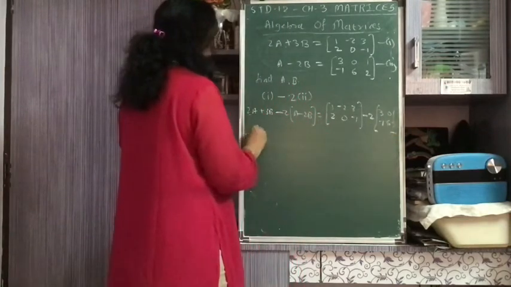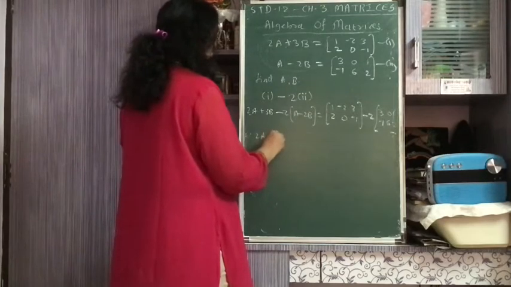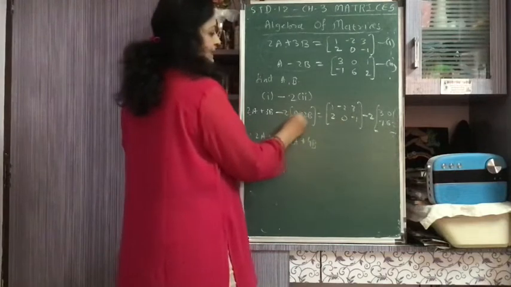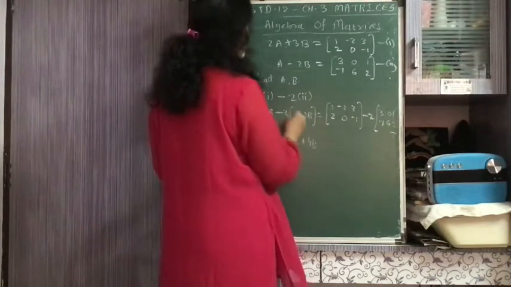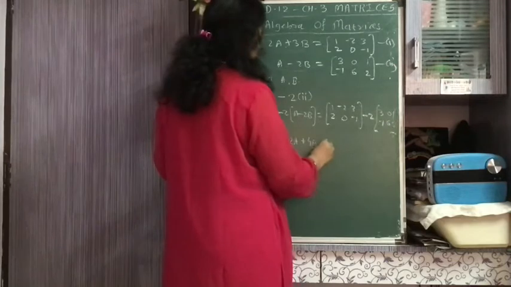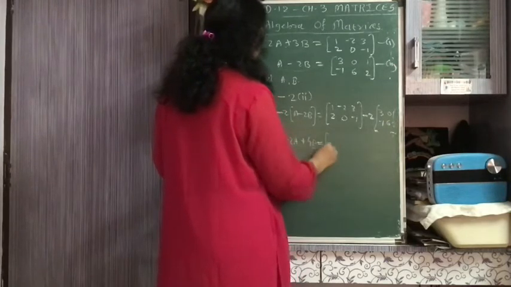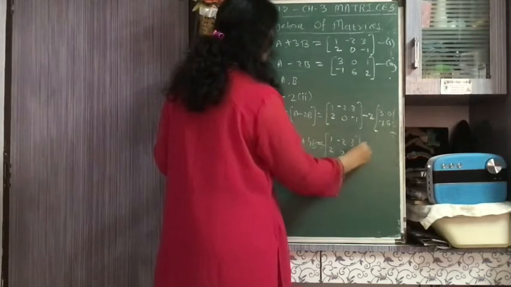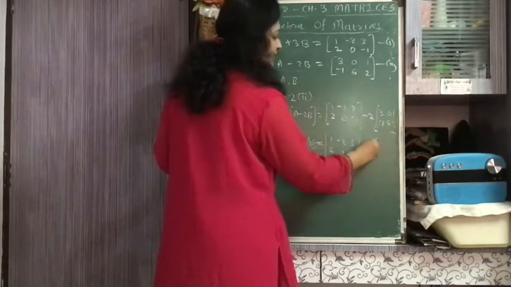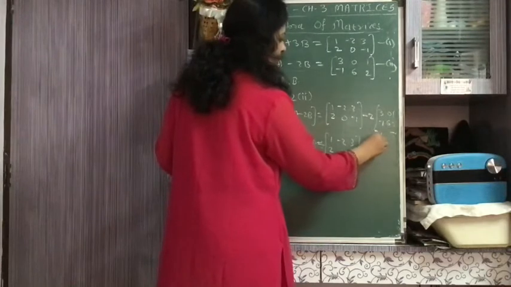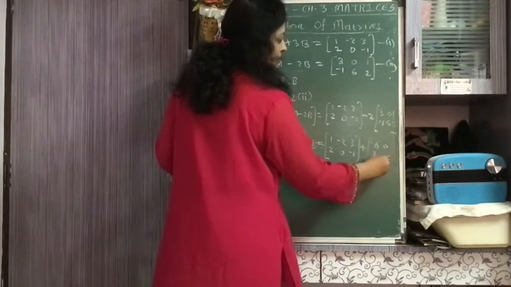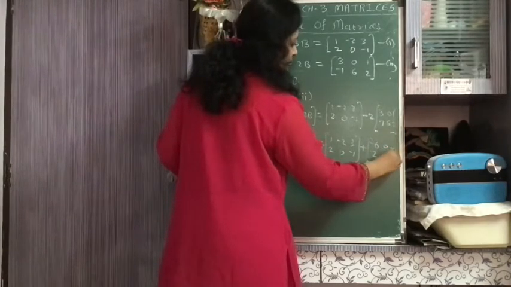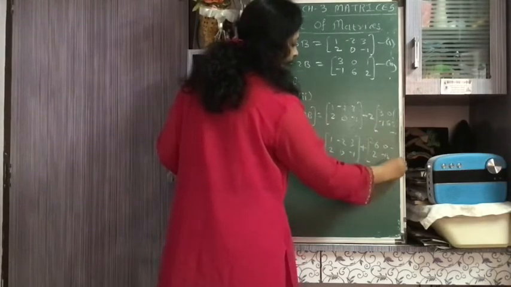So what I'll get is this 2 is multiplied with A as well as B, and as it is minus sign, it is minus 2A plus 4B is equal to, now I multiply minus 2 to each of this element. So minus 6, 2, 0, minus 12, minus 2 and minus 4.